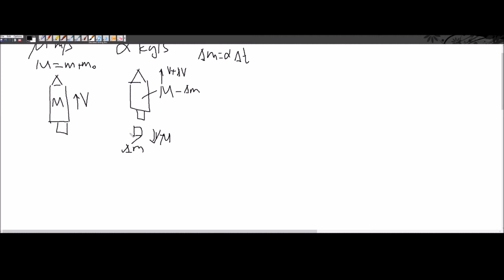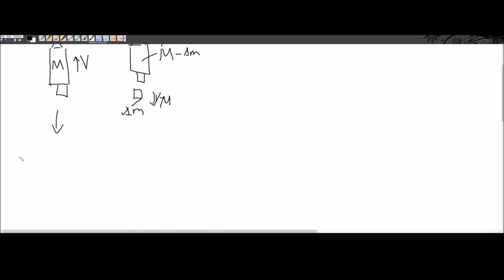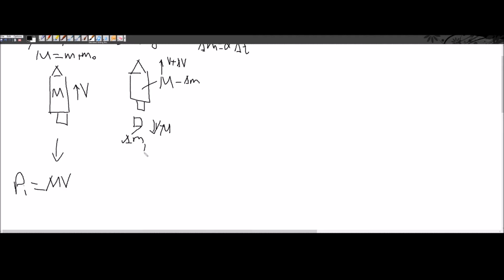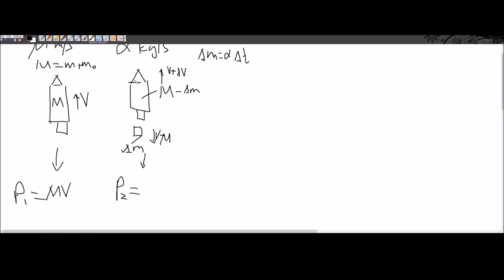So let's just calculate the momentum of each frame, each scenario. In the first scenario, the momentum of the initial situation, let's call it P, is going to be total mass times velocity, right? Now the momentum of the second situation: let's calculate the momentum of the rocket and the momentum of the fuel and add them together.